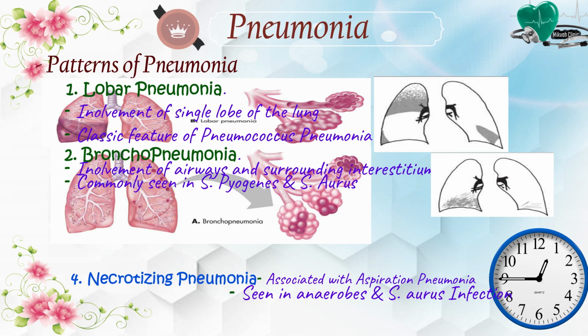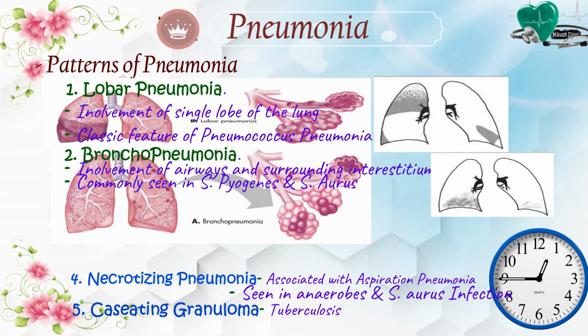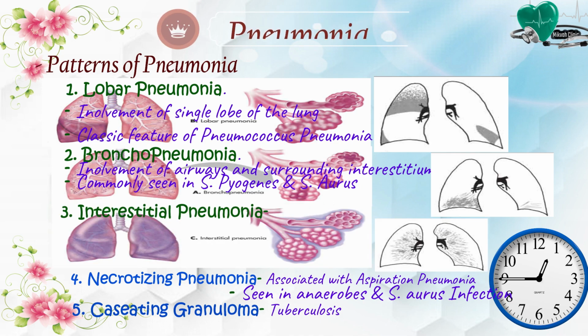And the fourth pattern of pneumonia is caseating granuloma, which is a special pattern of pneumonia, especially associated with tuberculosis. The fifth one is interstitial or peribronchiolar pneumonia with secondary parenchymal infiltration.